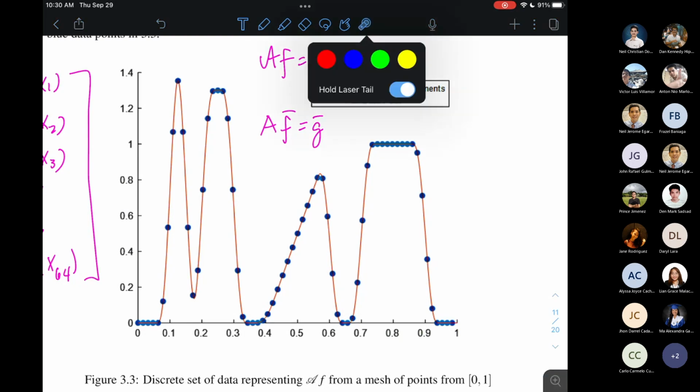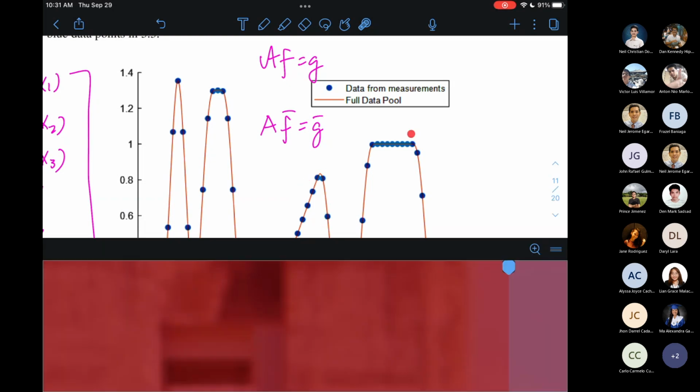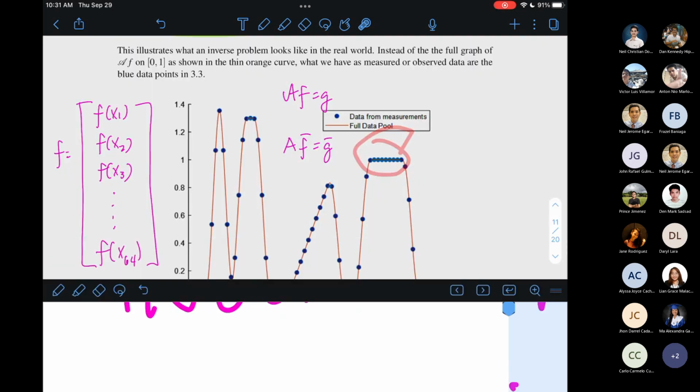Kasi kung makita nyo, ito silang, ilan ba to? Itong 5 na to, kay 0. Pero after that, makikita nyo na tumataas na yung function values, tapos bababa siya, tataas, and so on. Tapos kita nyo yung behavior dito, nakaka-capture niya. Yung behavior sa plateau na to, nakaka-capture niya.